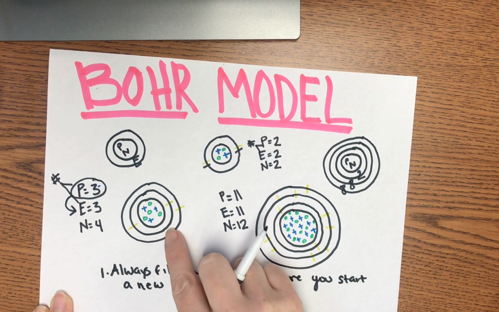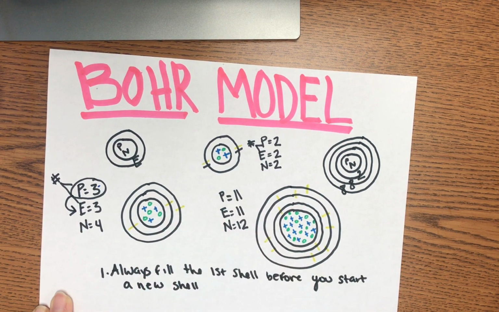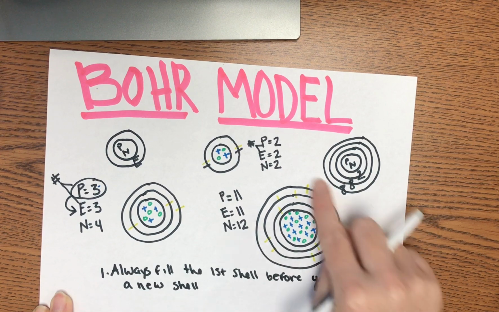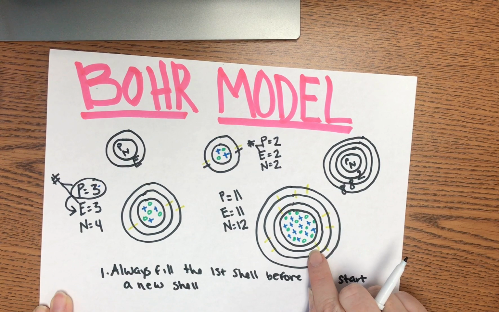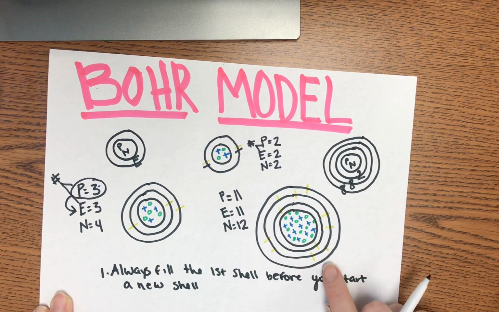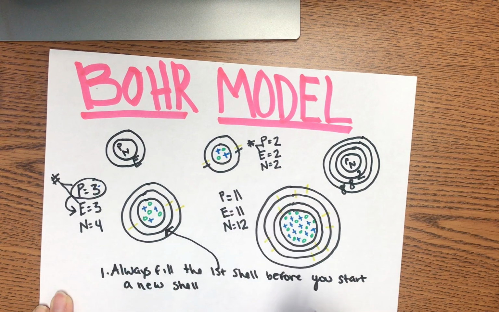Because this one has 3, we have to fill up that first shell first before we add into our second. Same thing here. We have 11 electrons. We had to fill that first shell first before we moved on to the second. Once that one was full, we could move on to the third. So always fill the first shell, and that's the shell that's closest to the nucleus. Always fill it before you start a new shell.